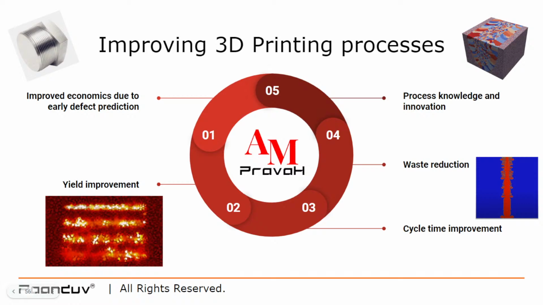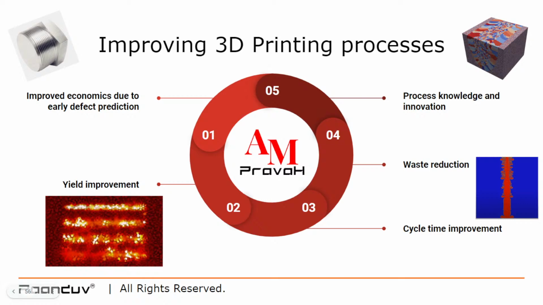Going back to our earlier slide, what we want to attain with all this is to improve our 3D printing processes in terms of defect prediction, yield improvement, cycle time reduction, and waste reduction, and to enhance our process knowledge and innovation.